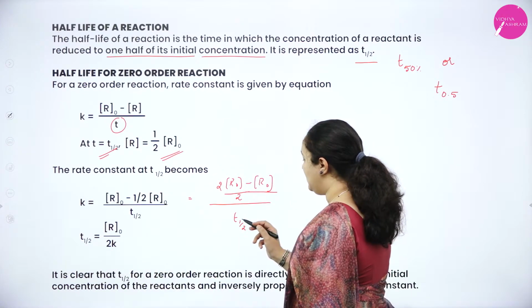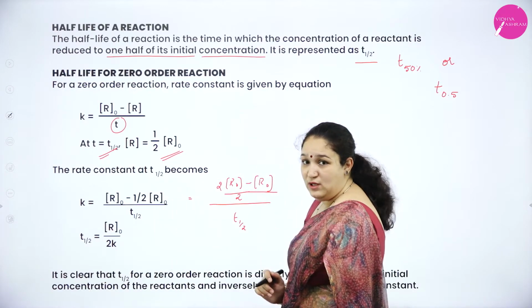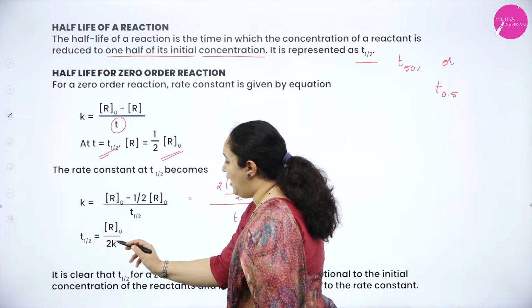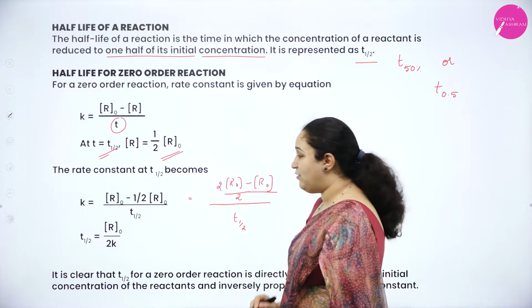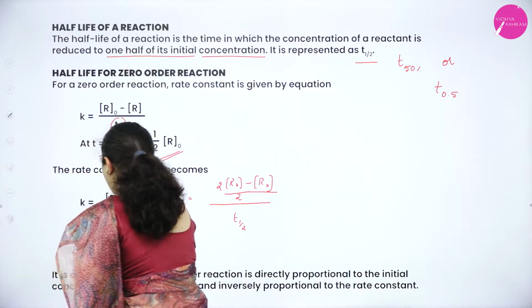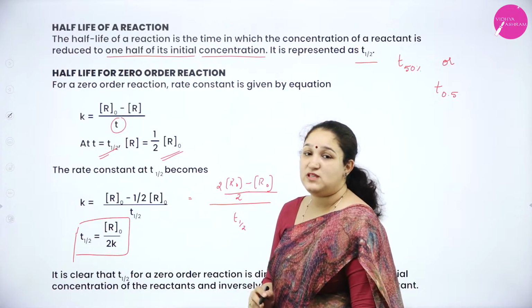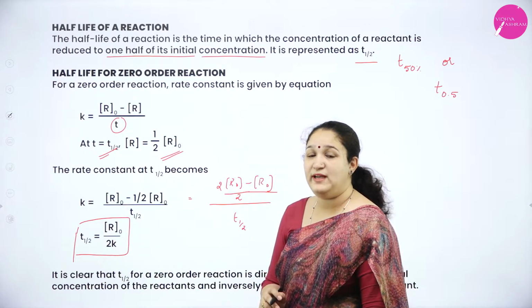What we have done is T half I have taken to the other side, K I have taken to the denominator, and R naught by 2 I have from here. So my formula for half-life of a zero order reaction is T half is equal to R naught by 2K.